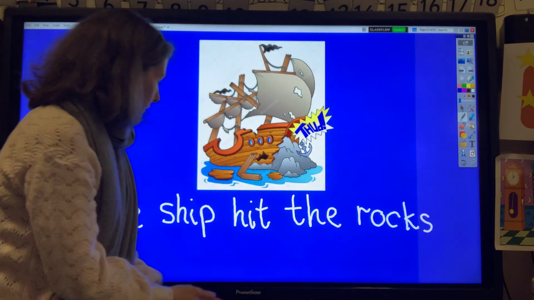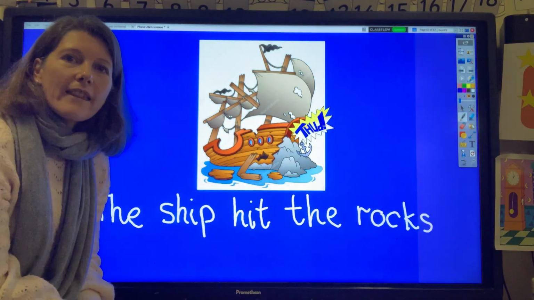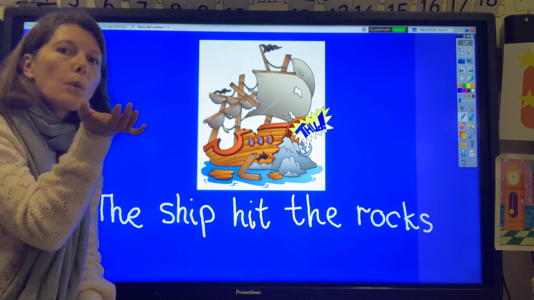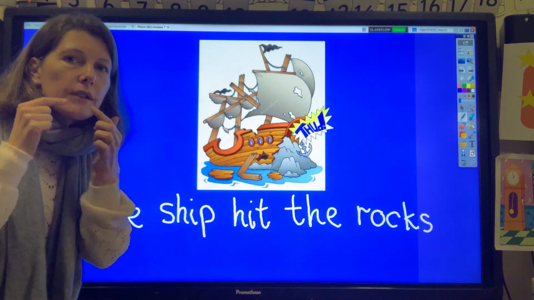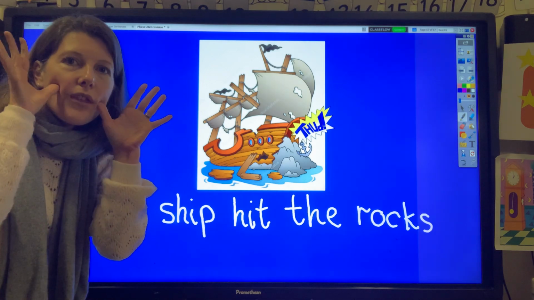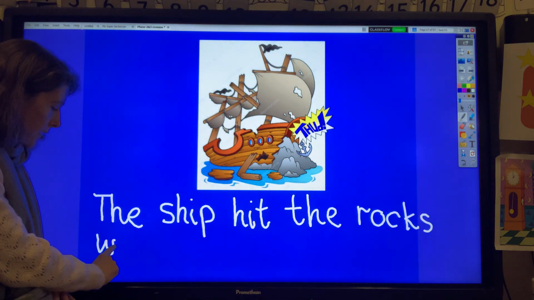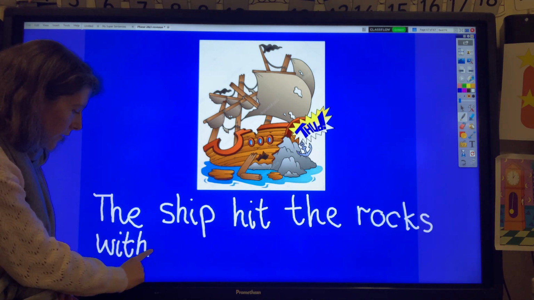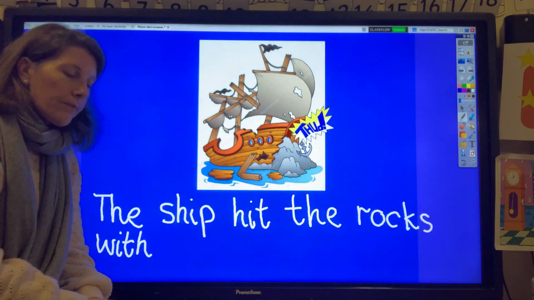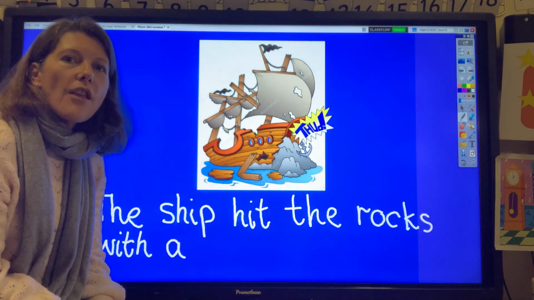The ship hit the rocks with, so w, i, th, so it's just your tongue out a tiny bit, with. Then a, which is the letter a. The last word, thud.